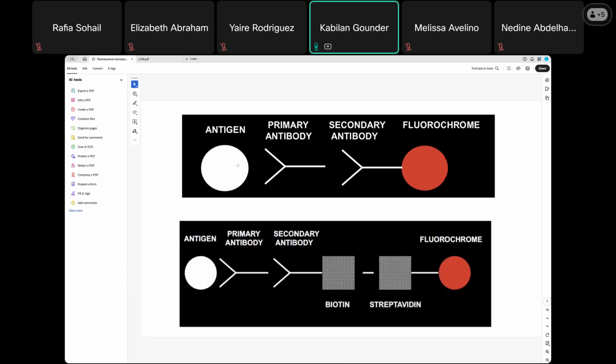Then you can wash it, and then use the secondary antibody that is conjugated with the fluorophore. The primary antibody directly binds to the lactoferrin, because it is raised against the protein, so it will go and bind onto it.